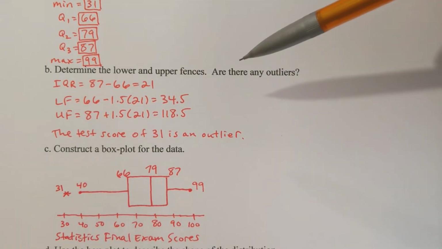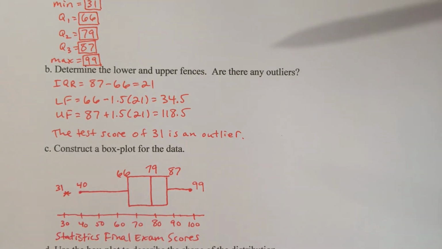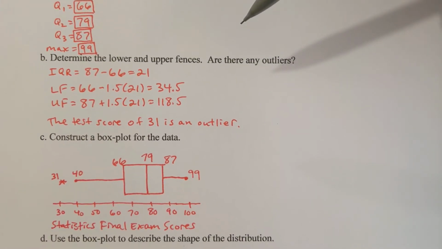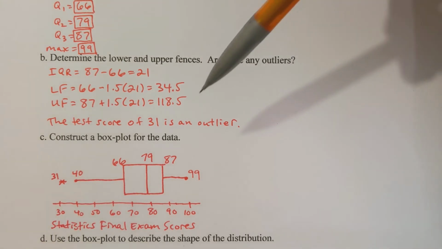Now, the next thing I need to do is draw a horizontal line at the middle of the box from the first quartile to the smallest value that is larger than the lower fence.